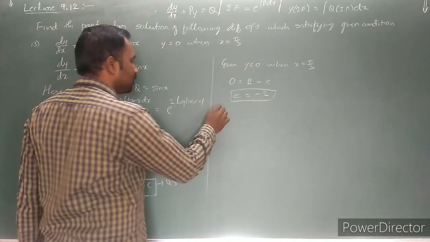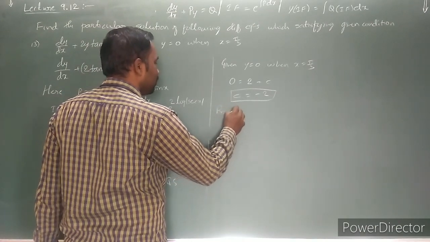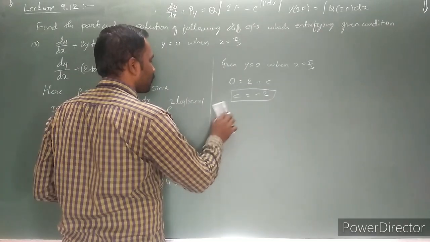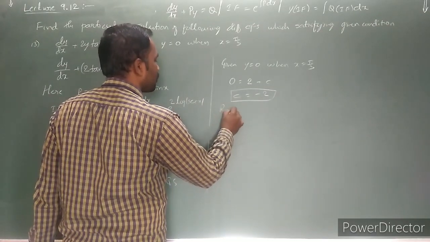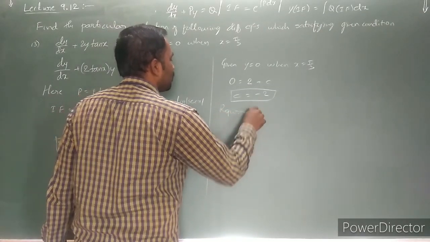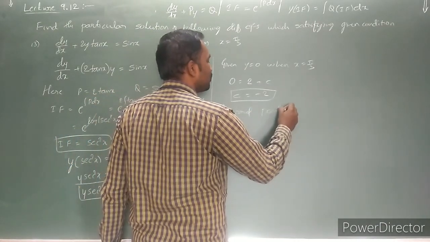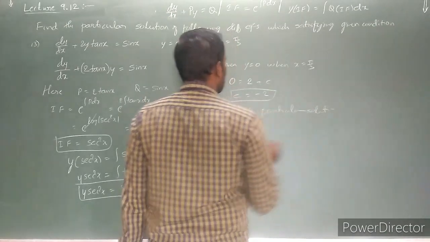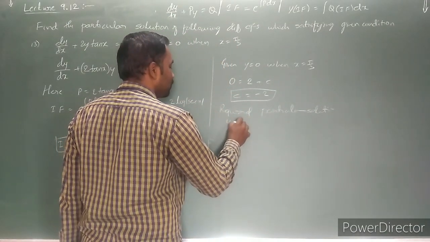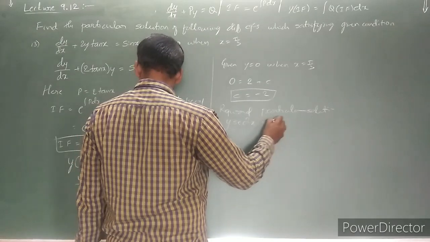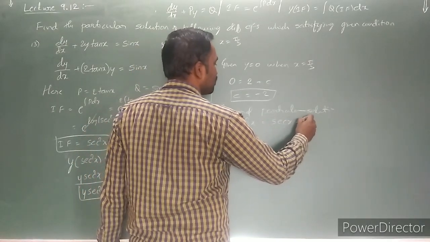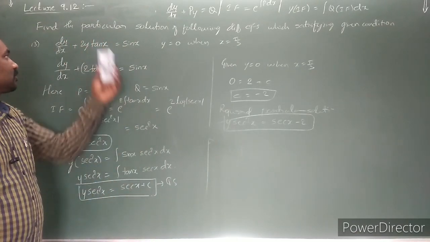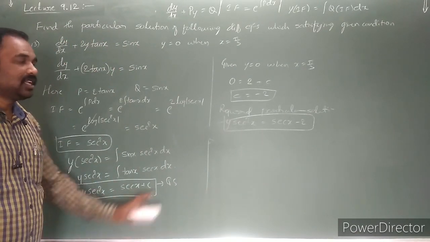Then the required particular solution is y into secant square of x is equal to sec of x minus 2. This is the required particular solution of the given differential equation.